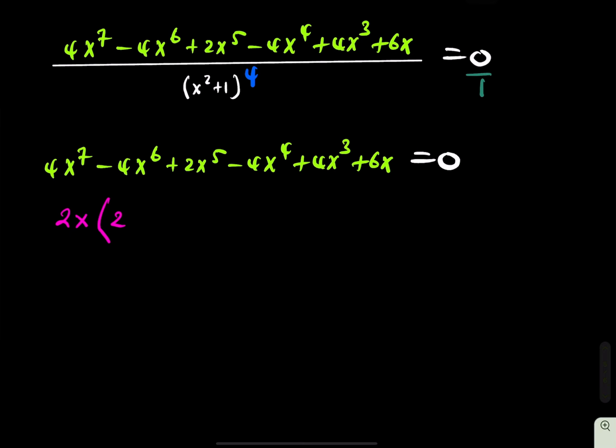Now I'm left with 2x to the power 6 and then minus 2x to the power, I guess it's 5. And then now I'm going to be left with plus x to the power 4 minus 2x to the power 3. And then plus, this should be 2x squared plus this should be 3 is equal to 0.